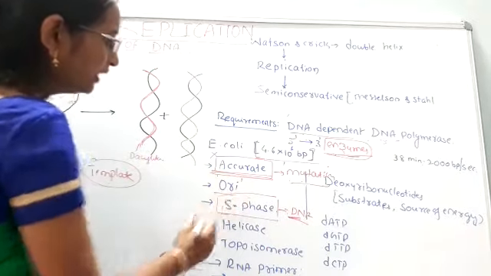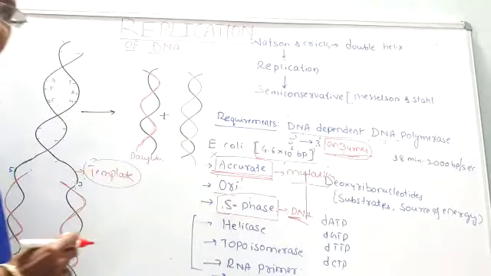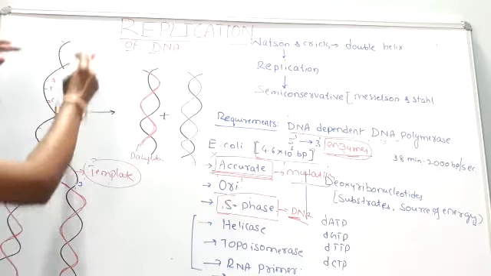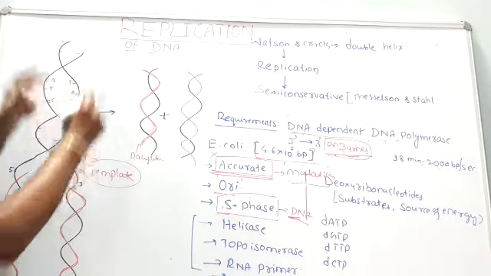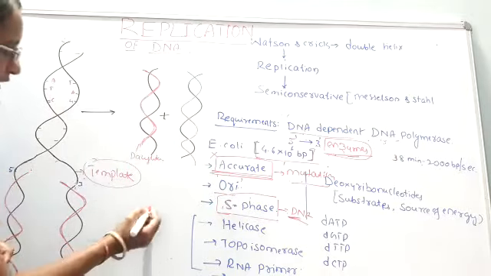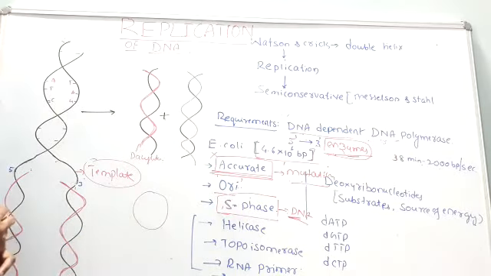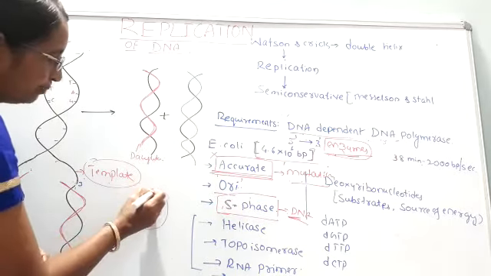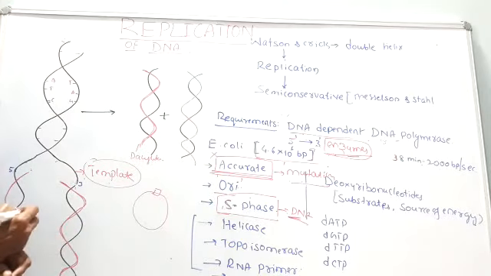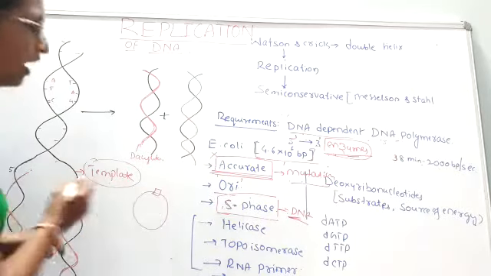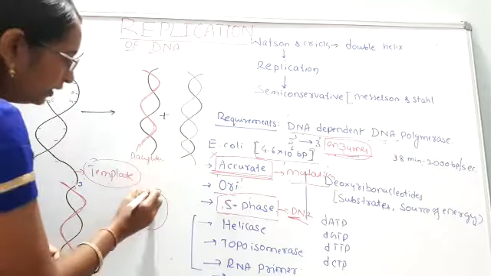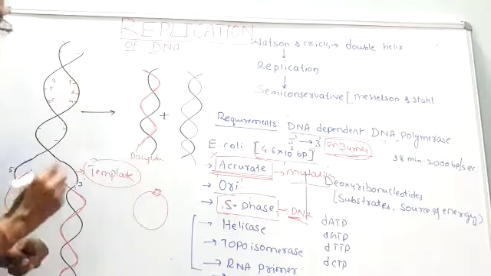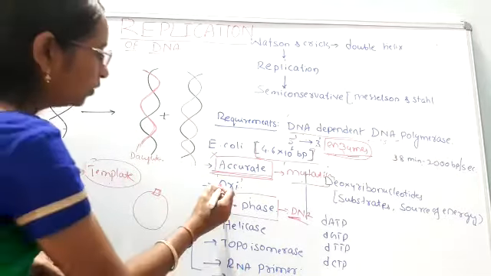Now, ORI means what? We know that the DNA of eukaryotes is linear, but in prokaryotes the DNA is circular. For example, in E. coli bacteria there is only one ORI site.